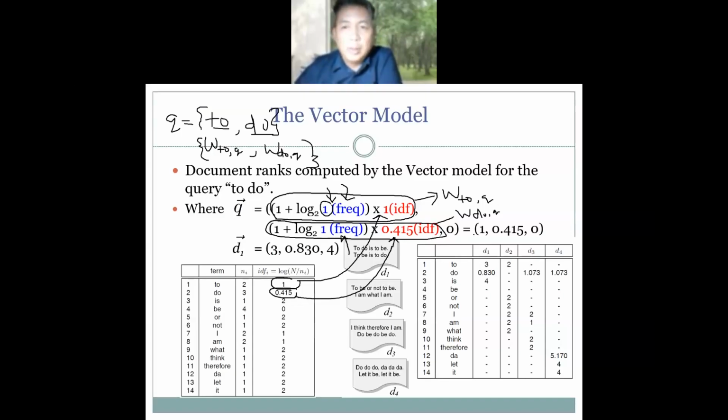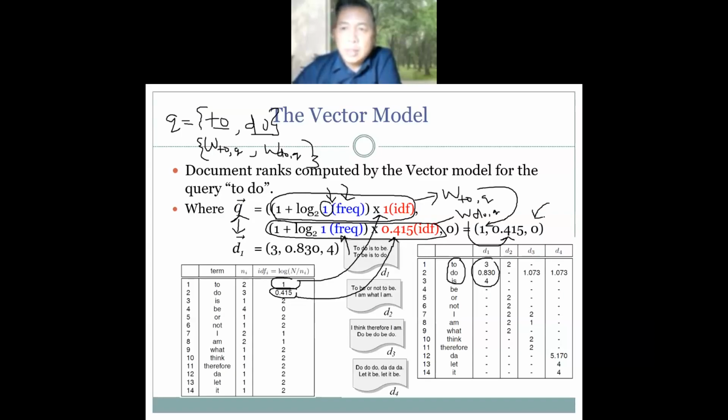So we will get the weightage for the 2, which is this one, and the weightage for the do in the query is this one. And since we are trying to find the distance between the query and document 1, document 1 consists of 3 elements here.